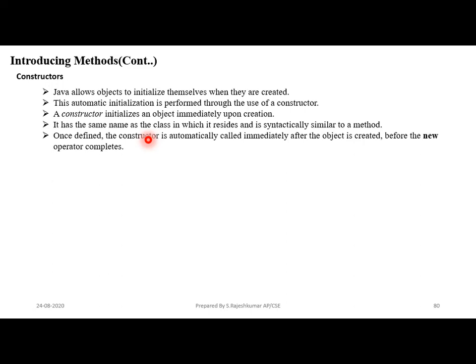The second part of the class is called member functions, or methods, or functions, which we have seen in our previous classes. We saw three different things: the function without parameters, the function with a single parameter, and the function with multiple parameters, right? Whenever the function is executed, it produces the output according to the function definition.